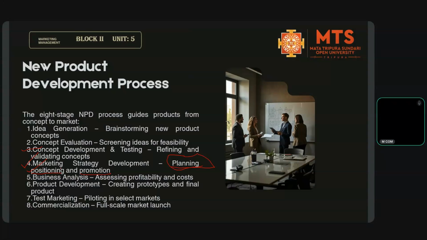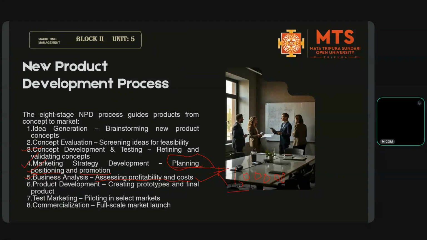Business analysis, that is accessibility, profitability and cost. Before the fourth stage, when they are conceptualizing a product, they have to assess how profitable the product will be and what the cost will be. If a product costs nearly 1 lakh, then how are they going to sell it?